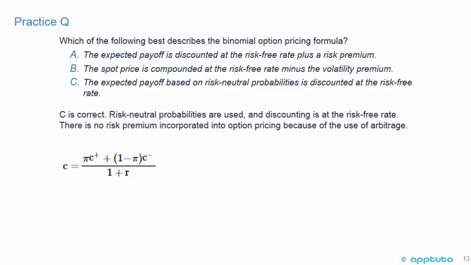So again, the formula for the price of a call: in the numerator, the risk-neutral probability times the value of the call if the stock price goes up, plus 1 minus the risk-neutral probability times the value of the call if the stock price goes down. We're calling that the expected payoff based on risk-neutral probabilities, and you're discounting it by the risk-free rate, dividing by 1 plus R.